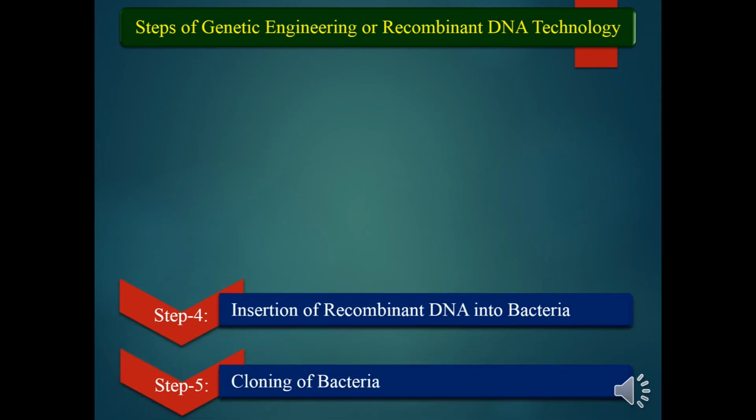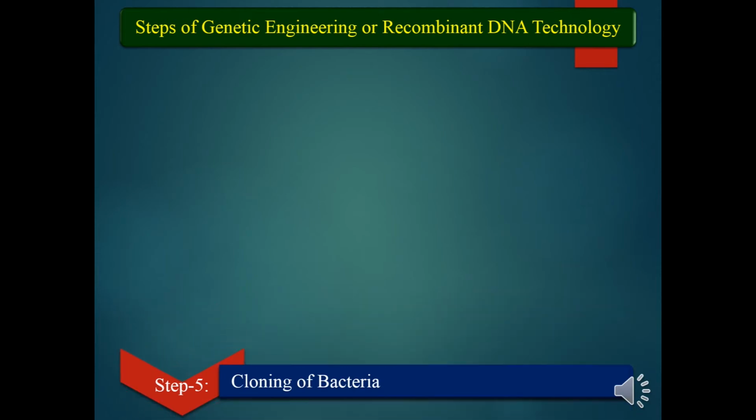Step 4. After adhere the two DNA molecule or two DNA, we will get a new DNA or modified DNA molecule which is called recombinant DNA. Then this recombinant DNA is to be inserted into a carrier bacteria. Step 5.